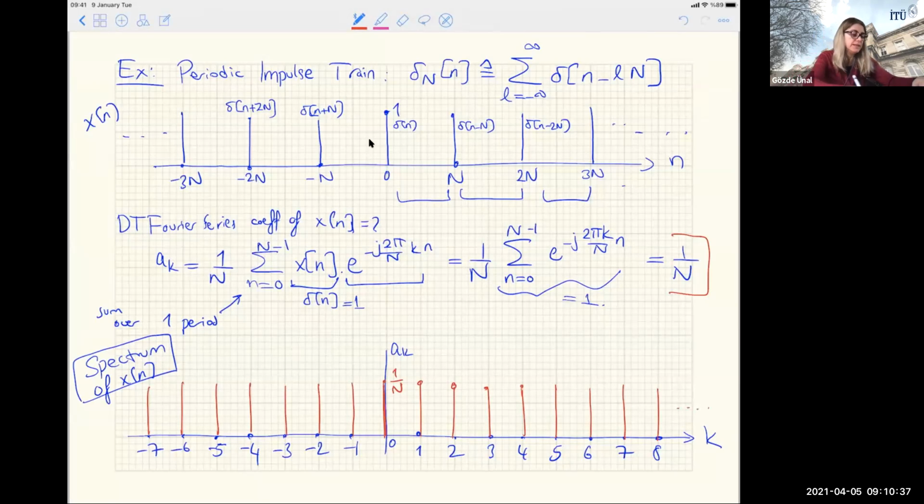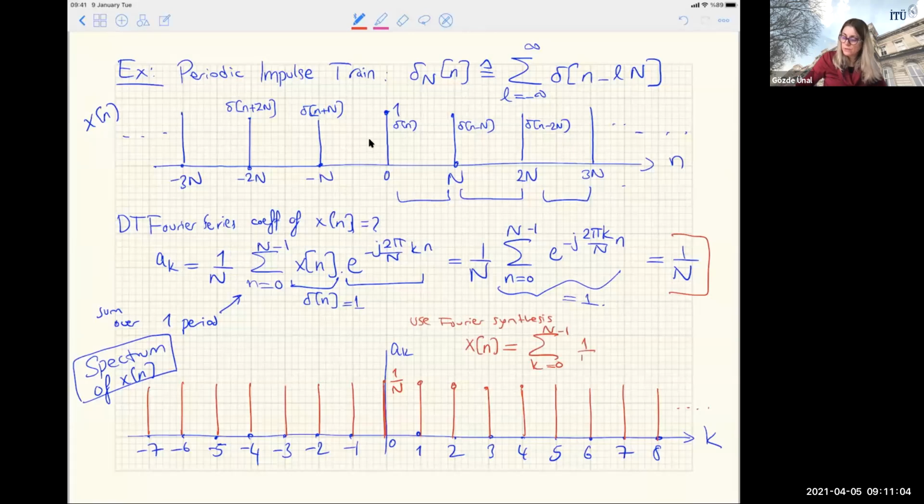We can express this delta n also using Fourier synthesis. Then I have X of n, bring in the AK, K from 0 to n minus 1.